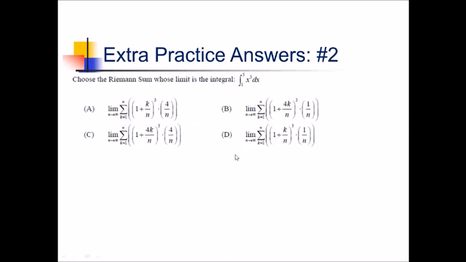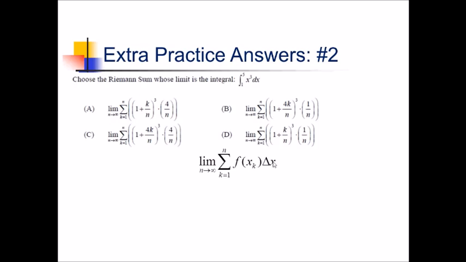On this problem, I'm trying to take this integral and convert it into a Riemann sum form. I'm basically trying to get the form limit as n approaches infinity of the sum from 1 to n of f of xk delta x. So I'm trying to pick out what I'm plugging into my cubing function, and what my delta x is going to be.